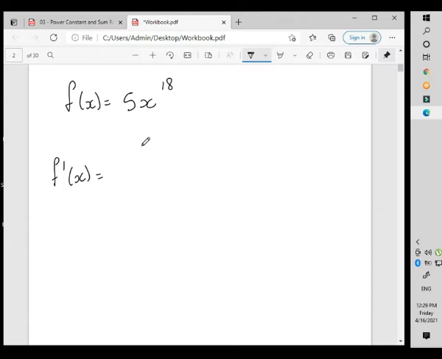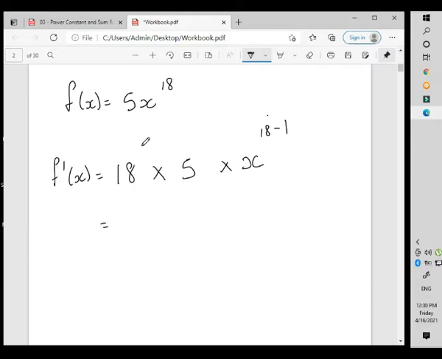Now, with the power of 18, I'm going to write that first, which is going to be multiplying 5, and that 5 is multiplying with x, and I write back the power. So my 18 goes in front, I write back 5, I write back x, I write back the power, and I subtract 1 from the power.